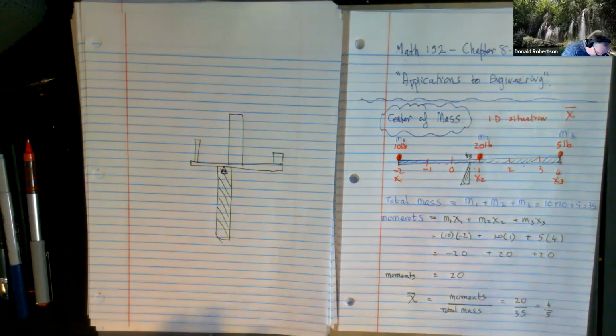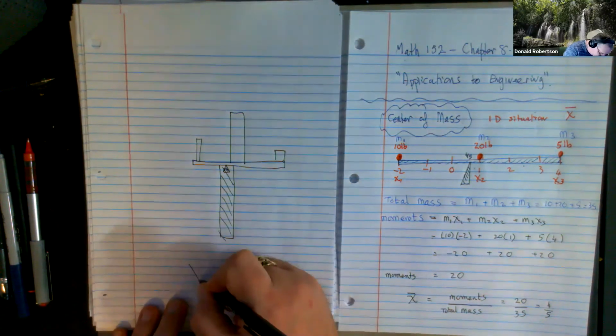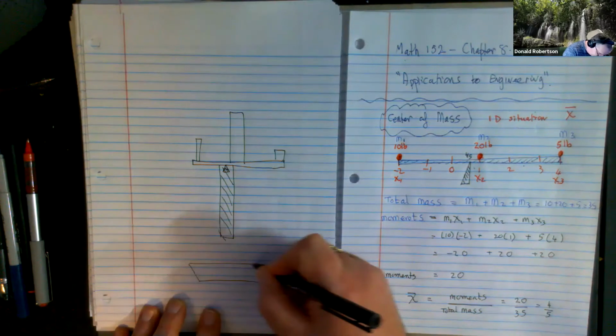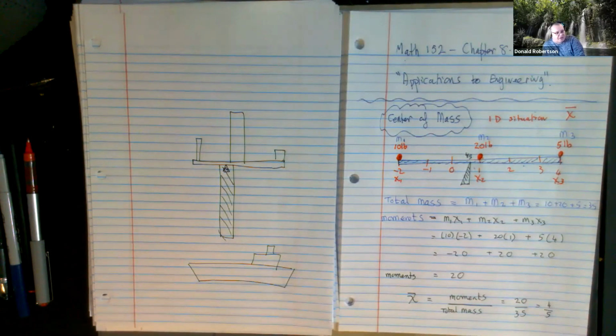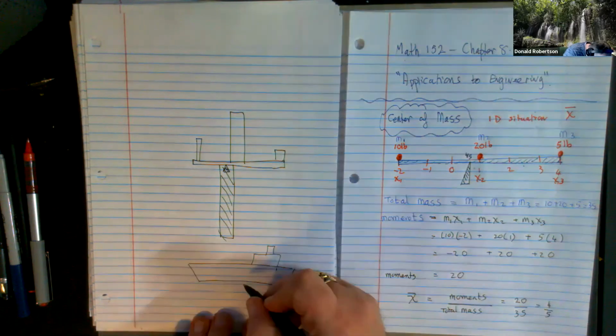If you are on a big aircraft carrier, the center of mass of a good aircraft carrier, any ship, is in the middle and quite low down.